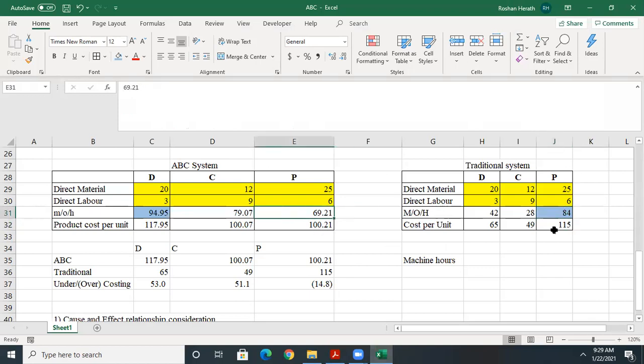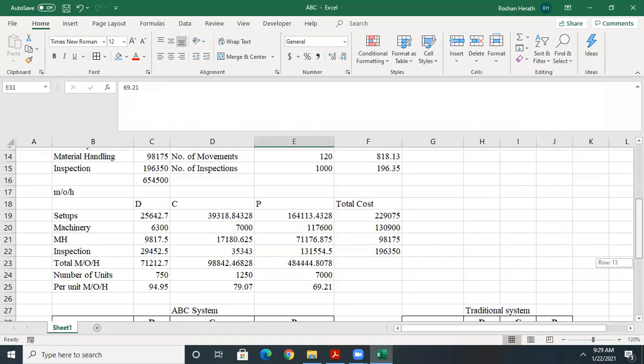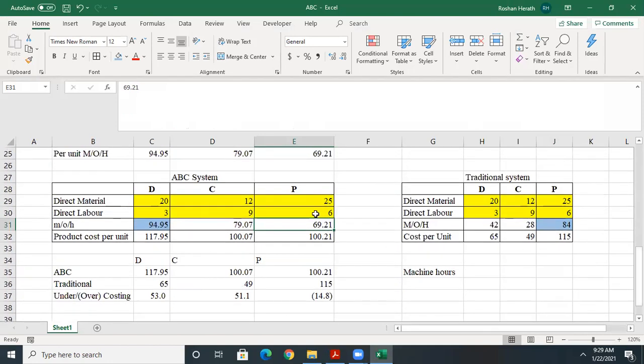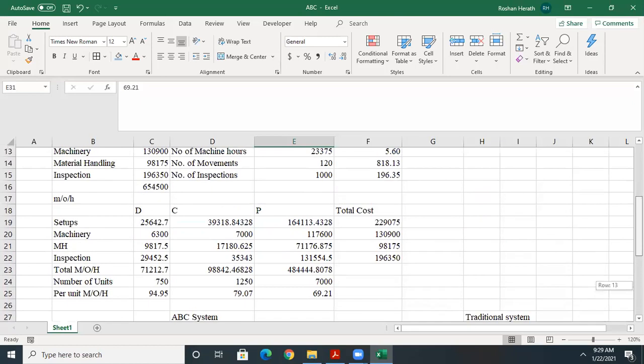But here we believe that that is not simply driven by the machine hours. The machine hours is one particular driver, but apart from that there are many more cost drivers. So because of that, when it comes to product P, that is not the case. The manufacturing overhead must be something less than what it should be. So here you believe that all overhead cost is driven by one cost driver, whereas in this instance you have believed that the manufacturing overheads are driven by several.